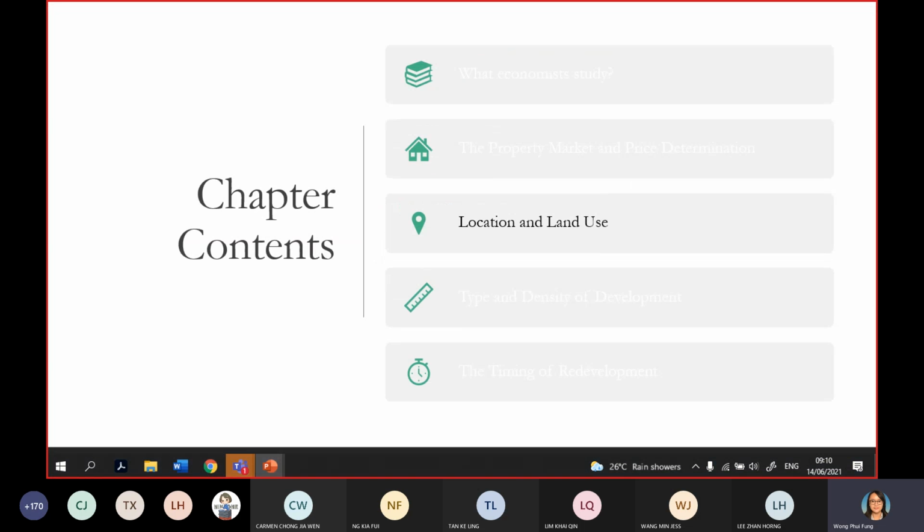Okay, time's up. I will continue this subchapter called location and land use. Another characteristic of property is immobile. Something that you have to remember: land is immobile, meaning fixed, cannot be moved.